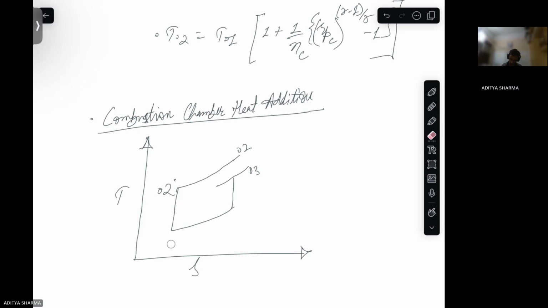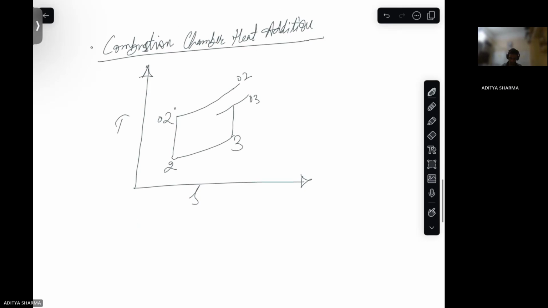This line basically is not your compressor line, but from static to your total condition. So this is your static state. This is your stagnation state at the exit of your compressor.